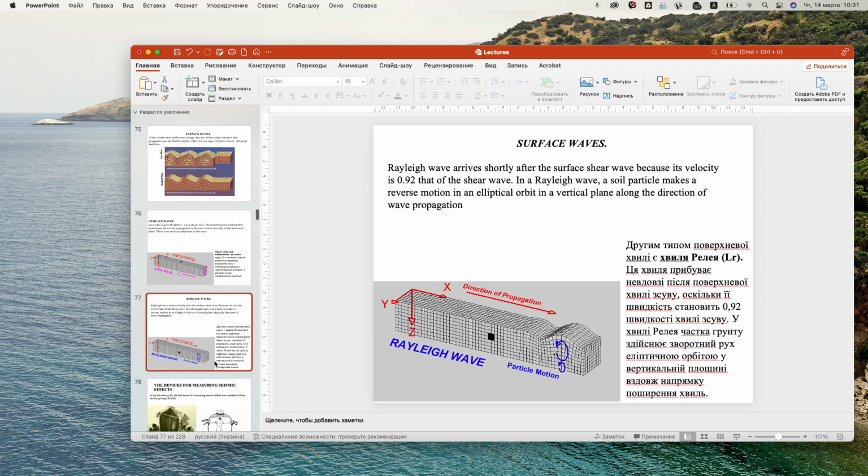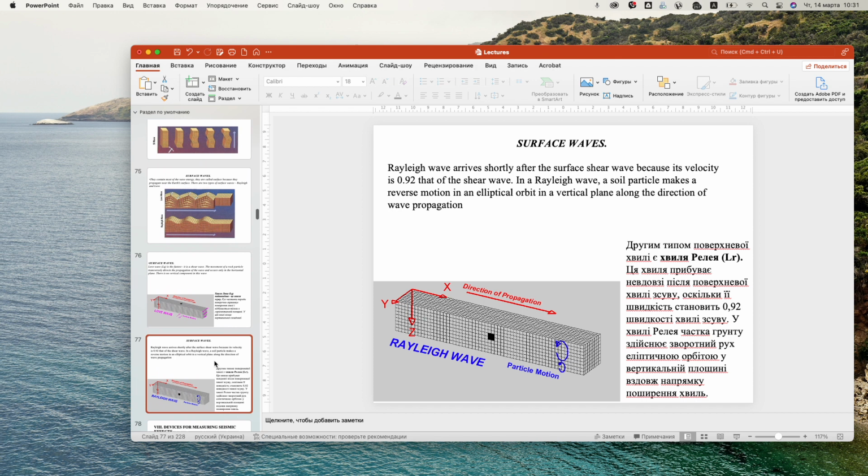When we are analyzing those seismic impacts, we have to understand that our building is being designed for the earthquake impact.